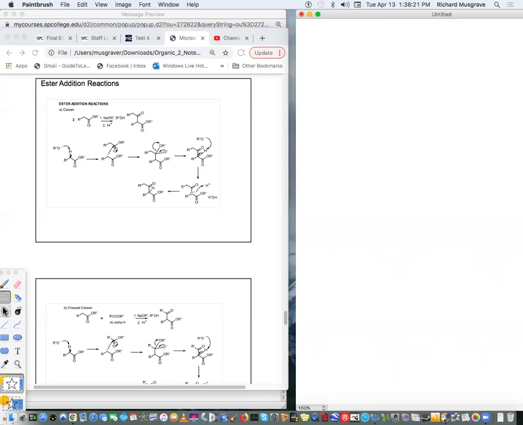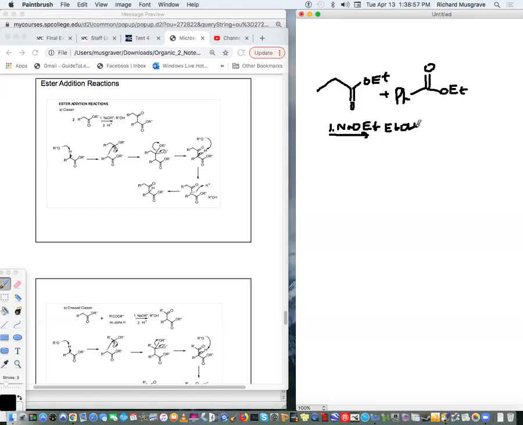Okay. So the related one here is the cross Claisen, which is the same kind of deal as before, in that they're two different esters, and now one of these is not going to have alpha hydrogens, and that's going to be, in this case, this one does not have alpha hydrogens. And again, we find that these have to match the ester groupings, just like it did in the previous one.